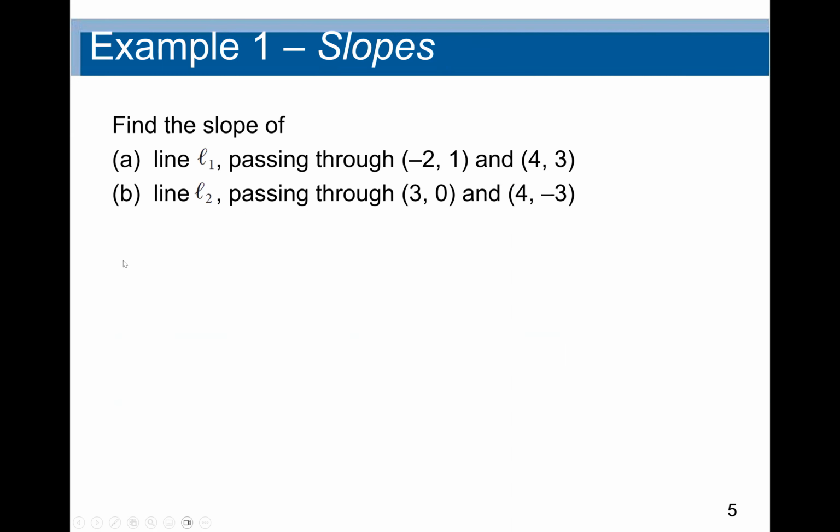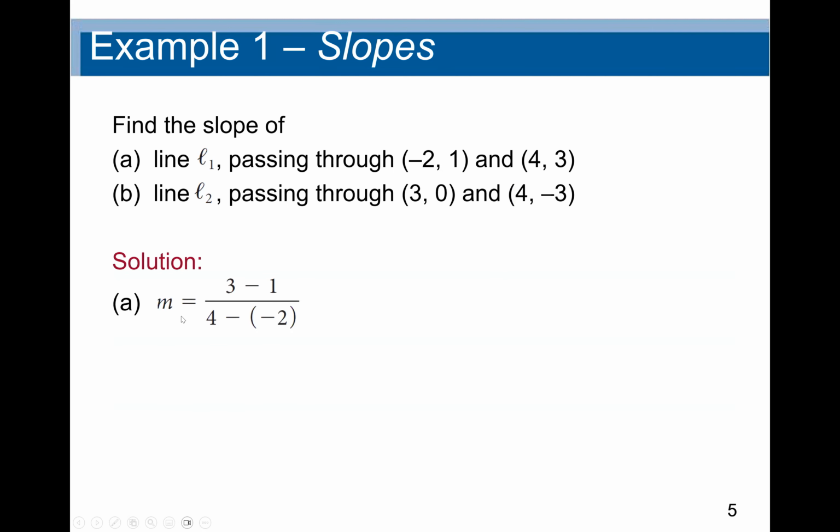So let's see an example here. We have a question. They say we should find the slope of a line, and this line goes through 2 points, -2 and 1, and 4 and 3. So let's assume -2 and 1 is our first point, and 4 and 3 is our second point. So this means x1 equals -2, y1 is 1, then x2 will be 4, and y2 will be 3.